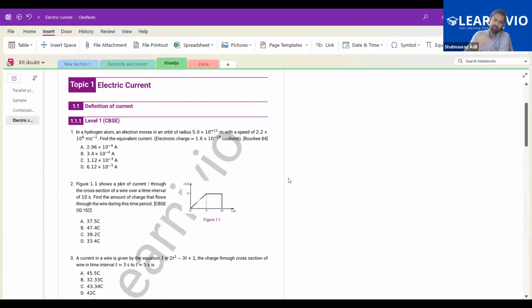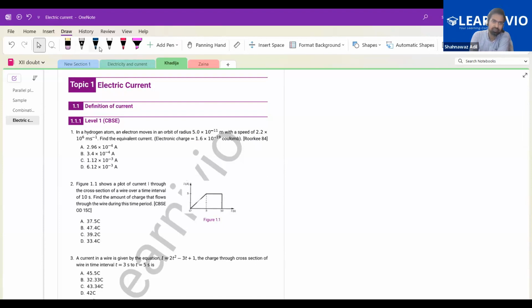Right, Khadeeja. Yes. So what is current? Current is simply the rate of flow of charge.